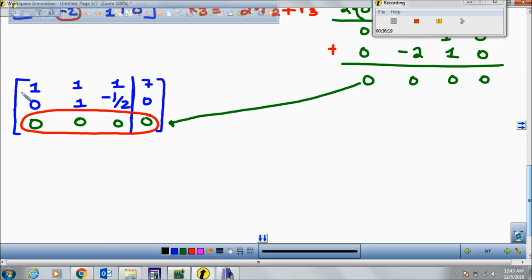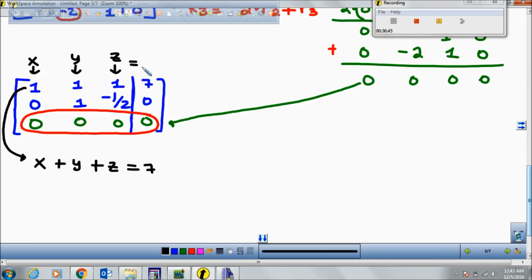So you have to form an equation with this too. x plus y plus z equals 7. You know this represents the x column, the y column, the z column, and this line is your equal sign, and then your constants over here to the side.